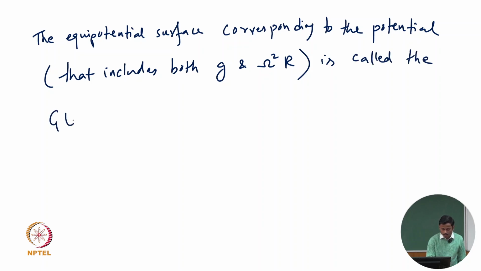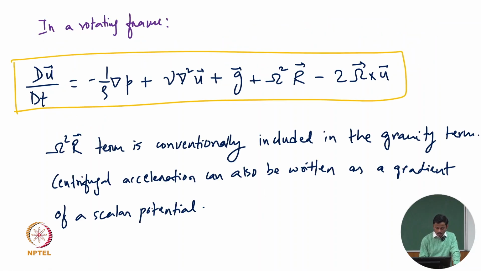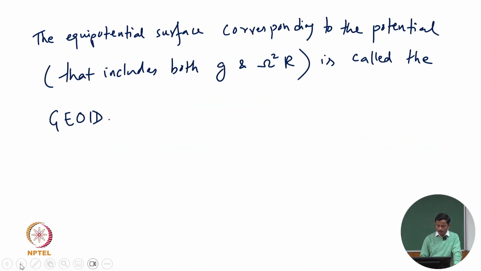is called the geoid. So this is a term that we have defined for the first time. This is the equipotential surface corresponding to the potential that includes both the gravitational acceleration and the centrifugal acceleration. So we have said the centrifugal acceleration is conventionally included in the gravity term, and we can express it as a gradient of a scalar potential, and the equipotential surface, which is the surface at which that scalar potential is constant, is called the geoid.